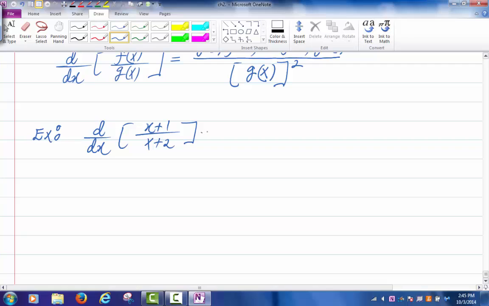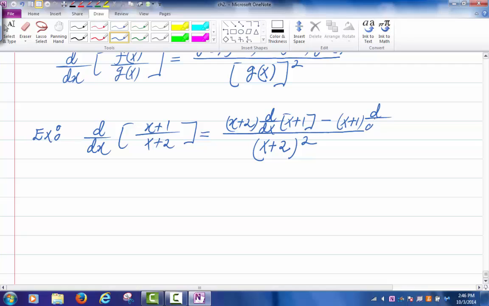By using the quotient rule, what we know is that you take the square of the denominator, and then in the numerator, the first thing that we have is the denominator multiplied by the derivative of the numerator, minus the numerator multiplied by the derivative of the denominator.